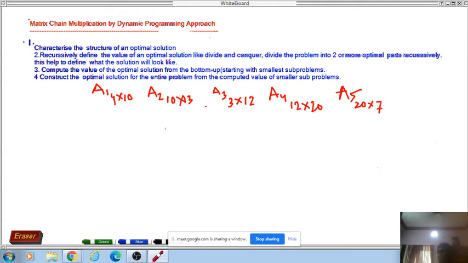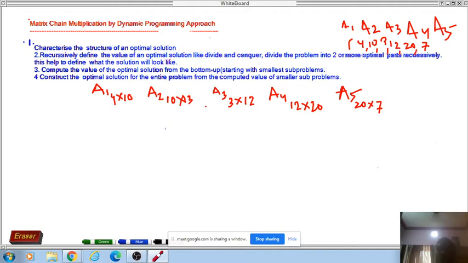So how will it be given in the questions? It will be given like this: there are matrices A1, A2, A3, A4 and A5, whose orders are given in a list like 4, 10, 3, 12, 20 and 7.